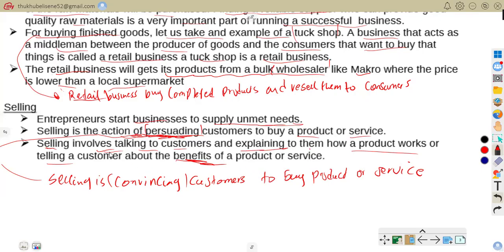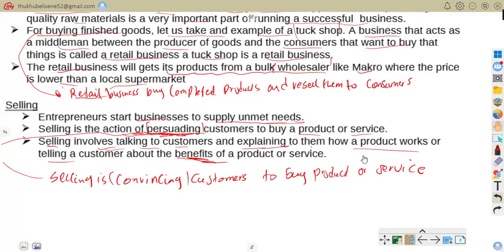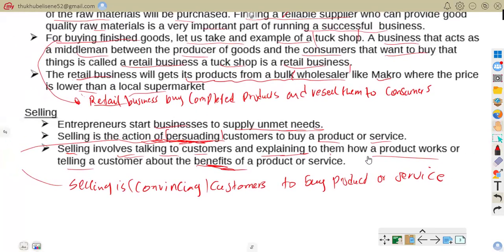Many entrepreneurs tell customers how products work, the product uses, and how it's going to help the customer. For example, a cell phone shop assistant explains the features of a new smartphone. That's what we are trying to say, good people. Let us move on. Grade 7, let us move on.